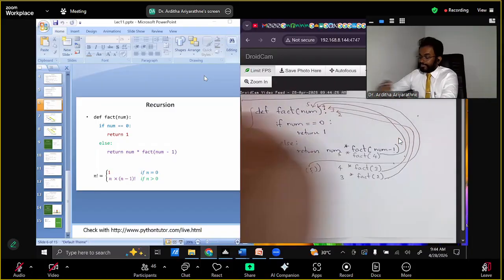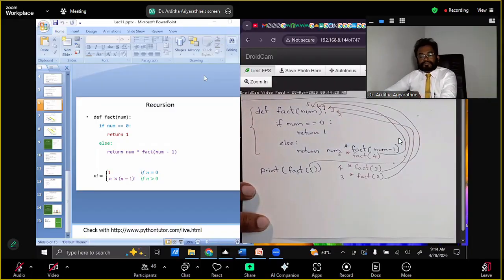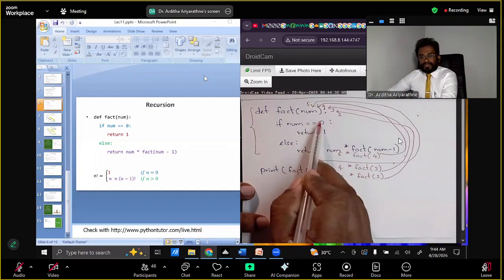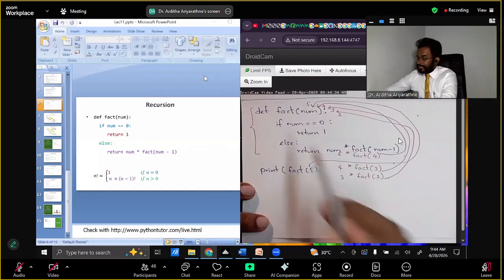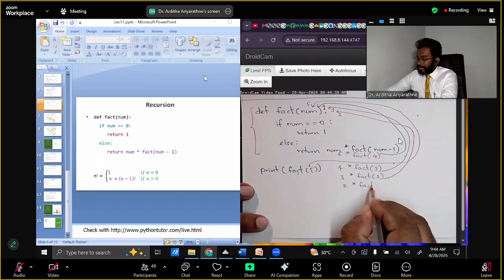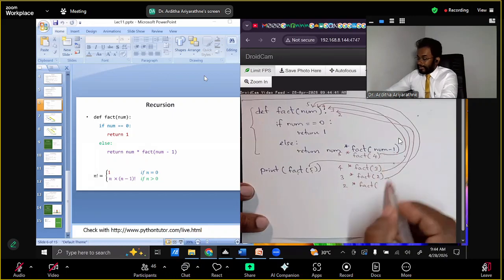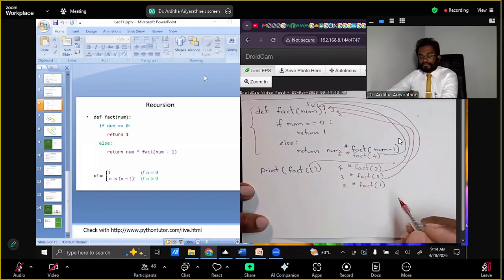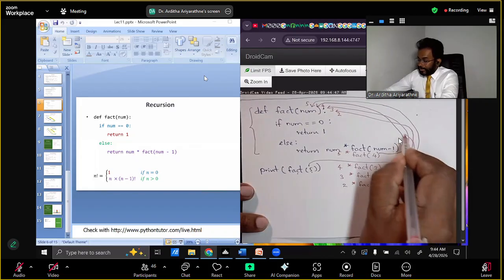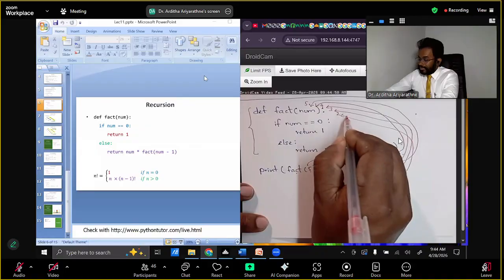Now the value is 2. Then still it's not equal to 0. Again come to else. 2 multiply by factorial 2 minus 1, means 1. Now we are calling the same function again with a different value. Now the value is 1.